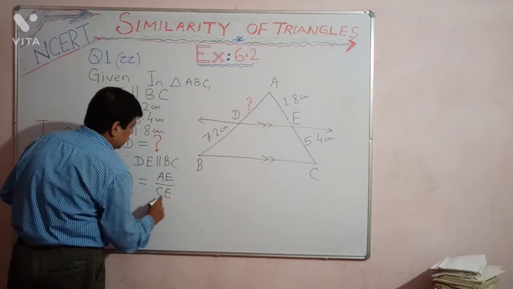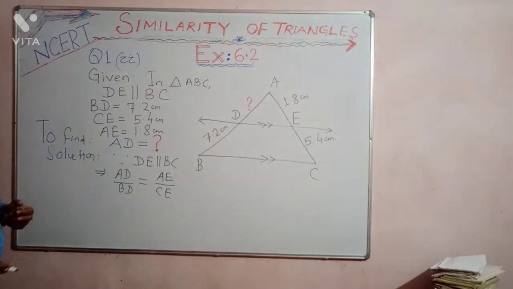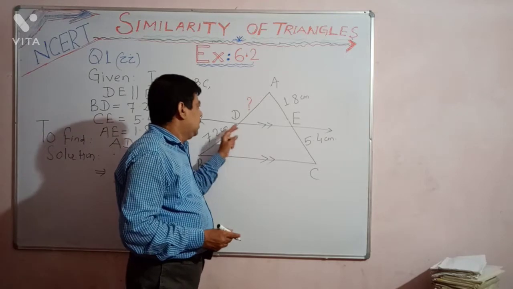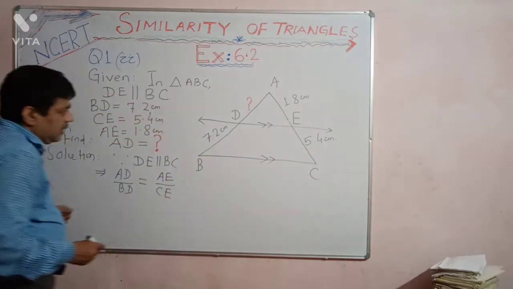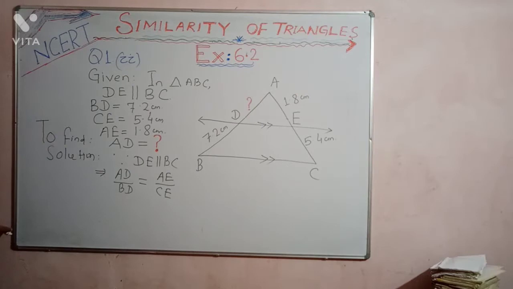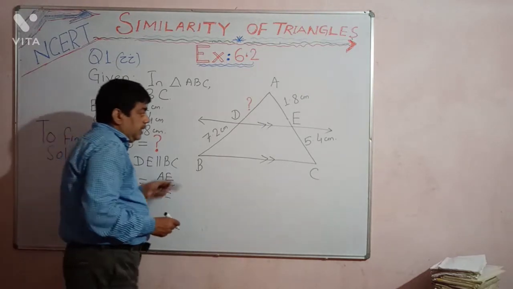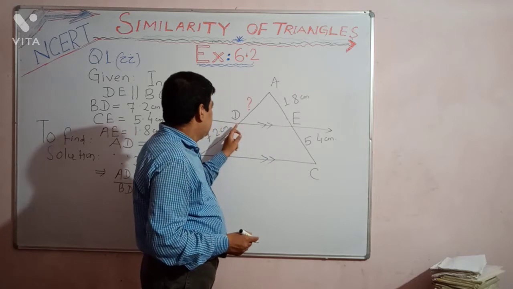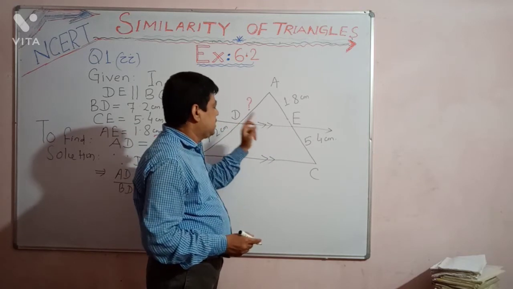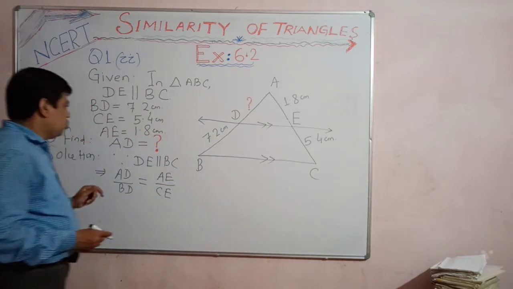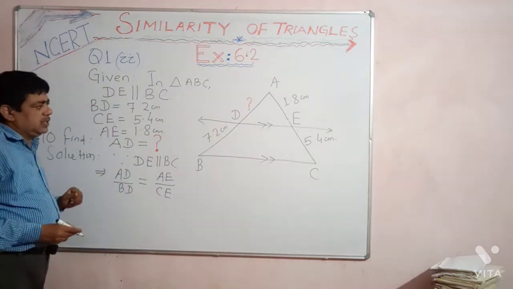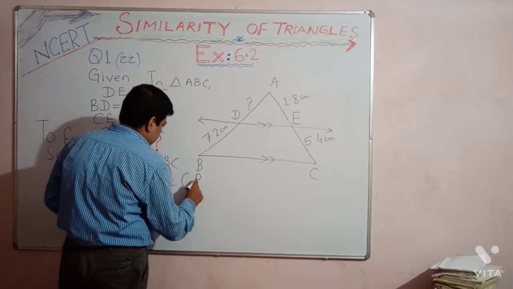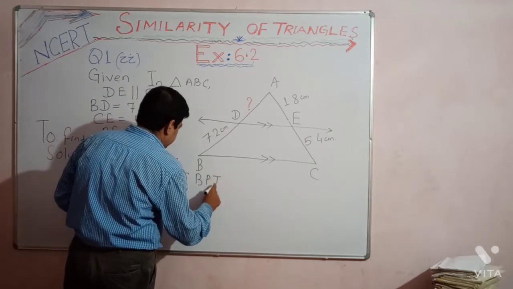The line DE intersects the other two sides, dividing the sides AB and AC of the triangle ABC at the points D and E. So you will find AD by BD is equal to AE upon CE. Is it clear? This is in accordance with the basic proportionality theorem, BPT, Thales theorem.